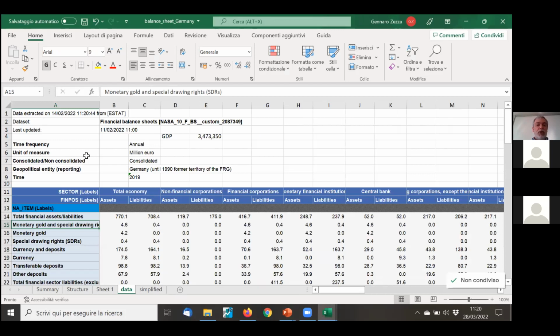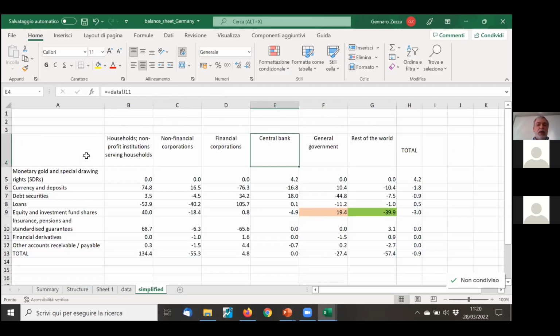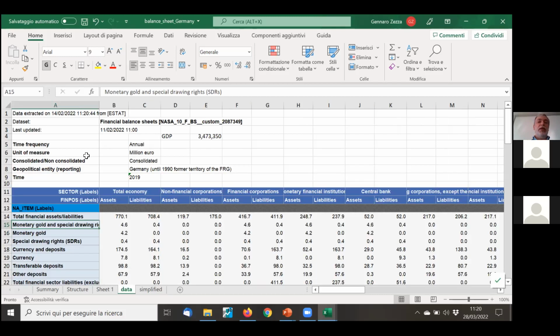So the structure is the same. I simplified the table by aggregating the data. So what you want to do, as I briefly mentioned an hour ago, is to net out the assets to the liabilities, because in this data set, well, this is saying that data are consolidated, but usually they are not consolidated.